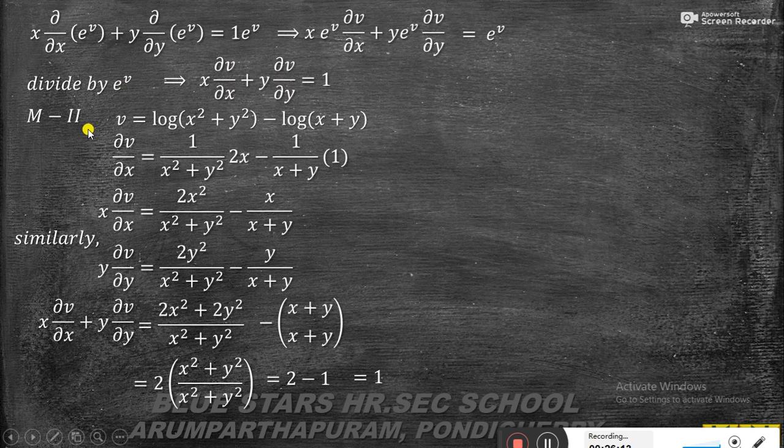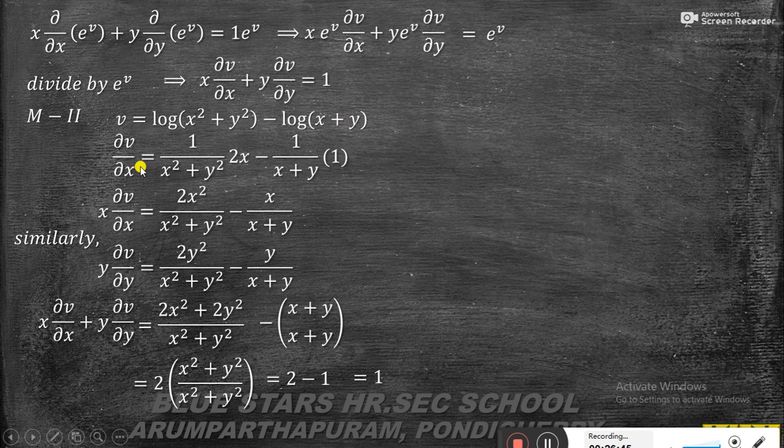Next, we know that v equals log of (x square plus y square) minus log of (x plus y). So for dou v by dou x, we differentiate v with respect to x on both sides. The differentiation of log is 1 by (x square plus y square), and the differentiation of x square plus y square with respect to x is 2x, minus 1 by (x plus y), and the differentiation of x plus y is 1.